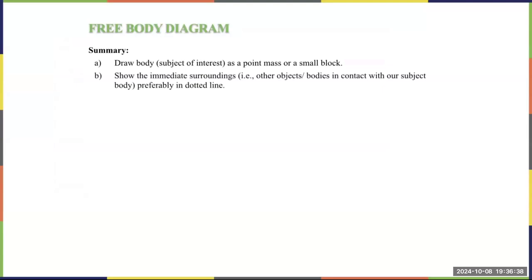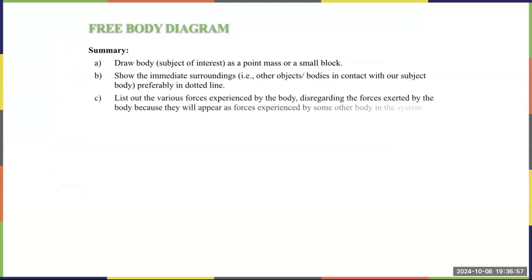So now the rule to draw a free body diagram, as I mentioned earlier again and again: draw the body, the subject of interest, as a point or a small block. Then the immediate surroundings, that is other objects or bodies in contact with our subject, preferably in dotted line. Okay. And list out the various forces experienced by the object and disregard all the forces exerted by the body, because they will appear as a force experienced by some other body in the system.